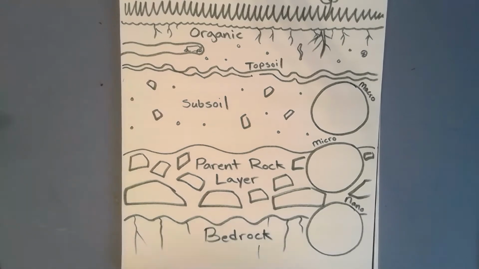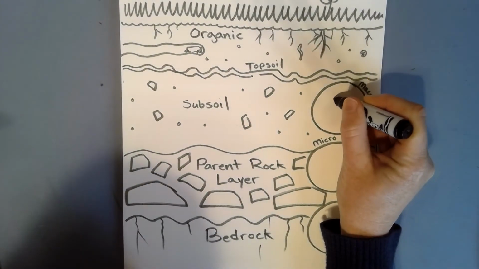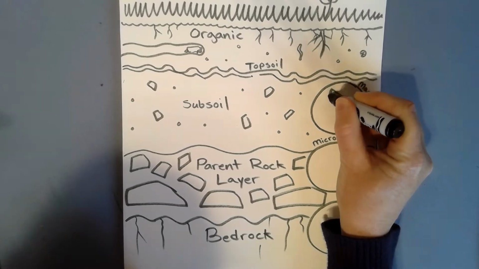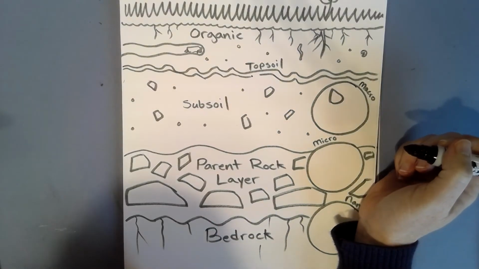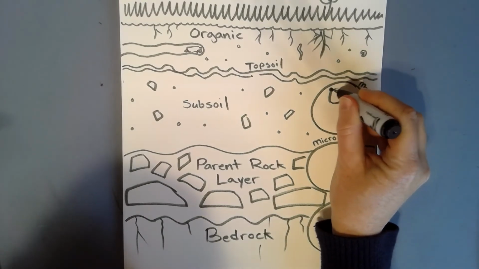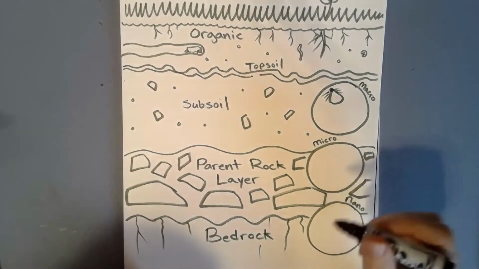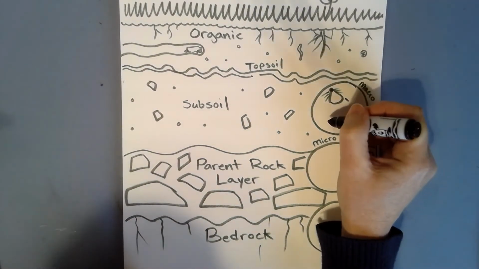So macro, we're going to go back to Mr. Mole here. Mr. Mole is a perfect example of what a macro organism is in this ecosystem. So I want you to draw what looks kind of like a party hat, but we're going to put a nose on the end of it and whiskers. Now moles can't see.